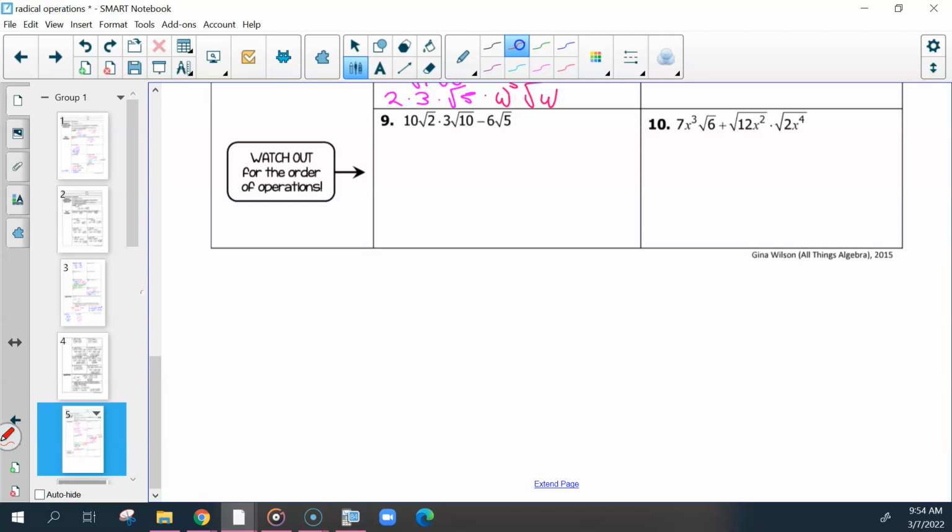Would you add these first or multiply these first? Multiply. We're going to do that first. There's nothing on the outside of these. I'm going to just bring this one down. And then if I'm multiplying these together, 12 times 2 would give us 24. x squared times x to the fourth would give us how many x's? 6.